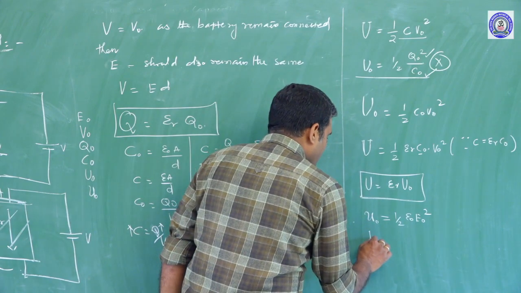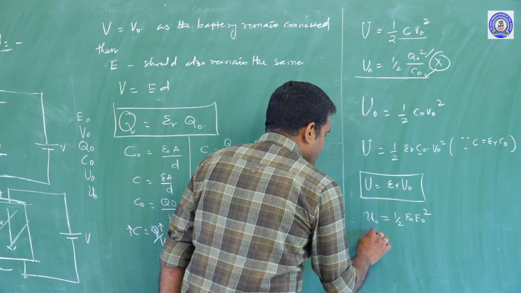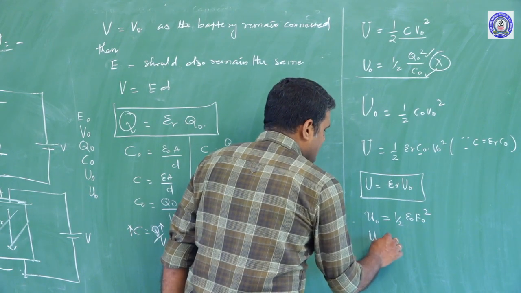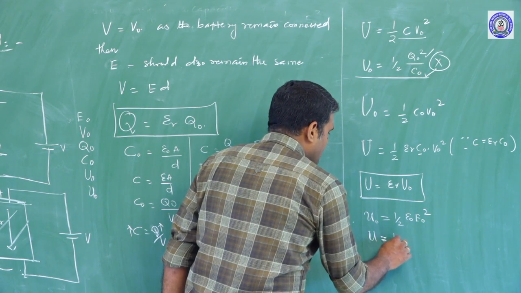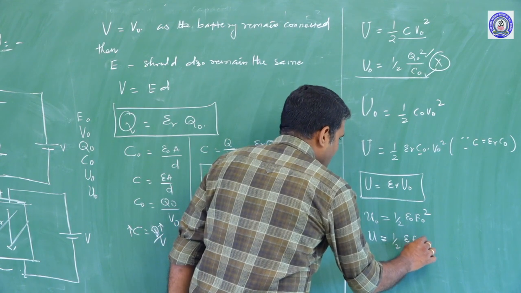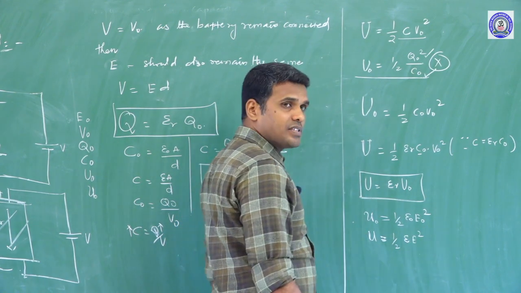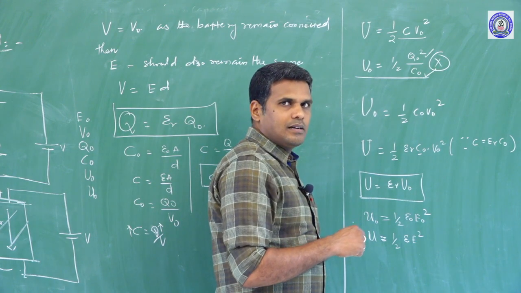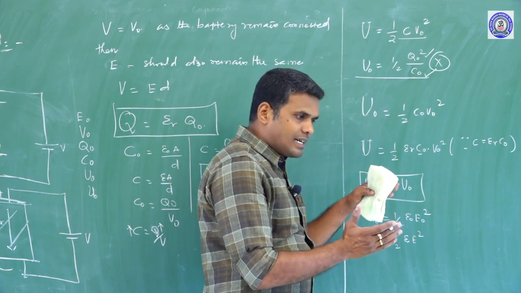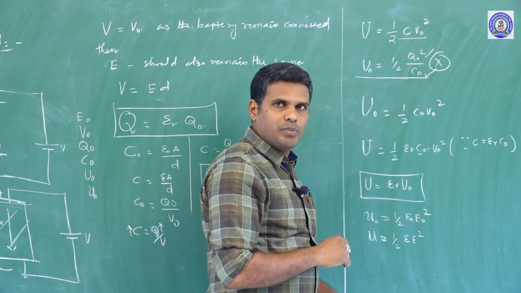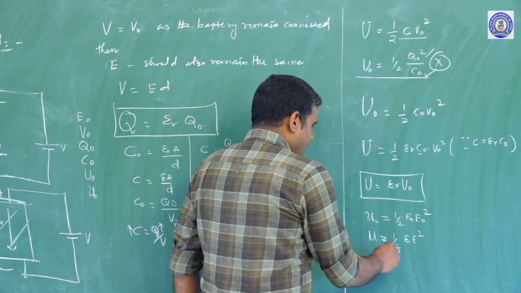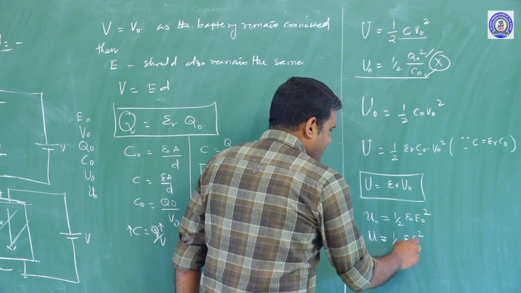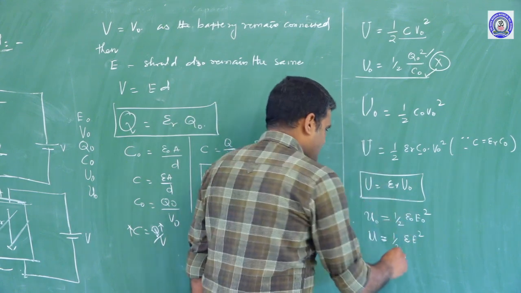Now, if a medium is introduced, the energy density is represented as u equals half epsilon E square. In this particular case, the capacitor plates are connected with the battery and the dielectric is introduced between the plates, so the electric field remains constant.